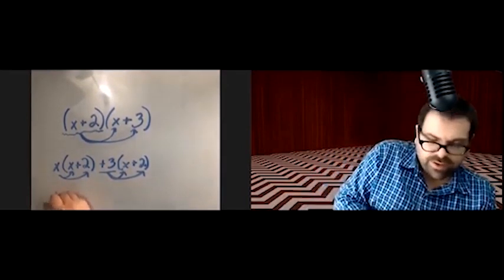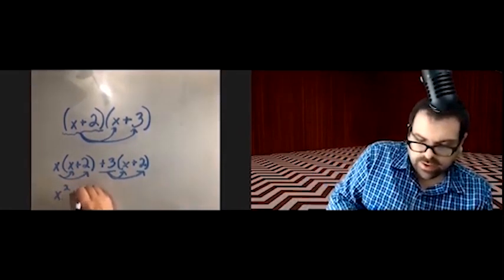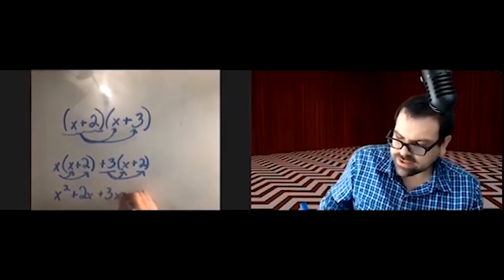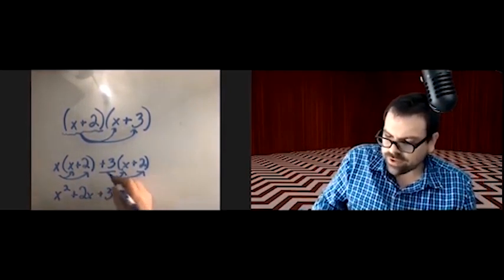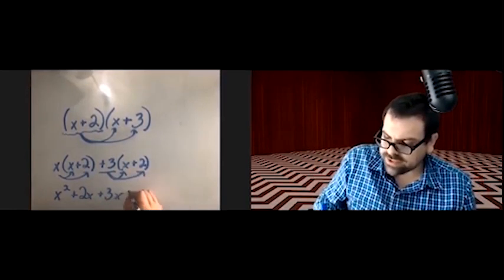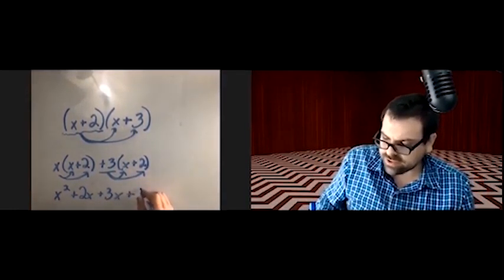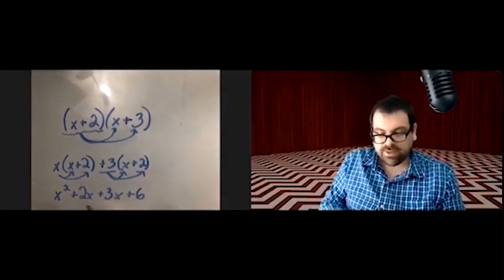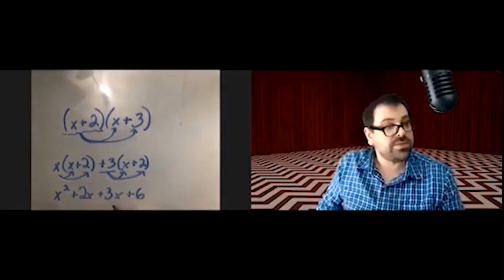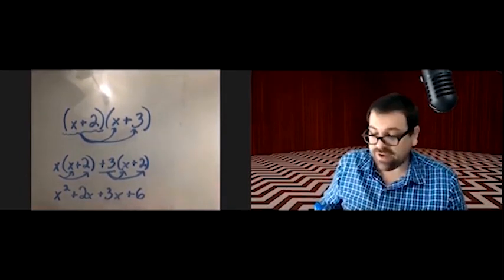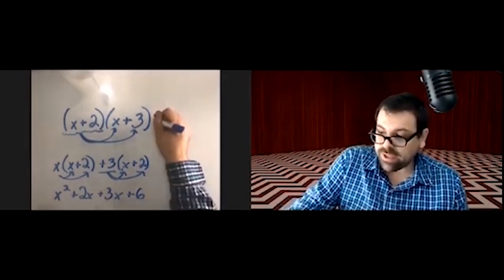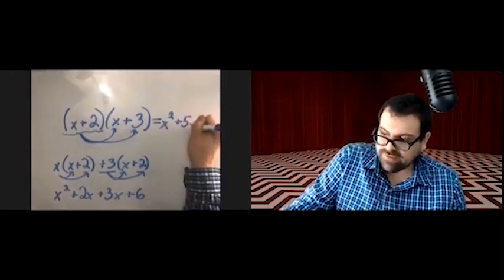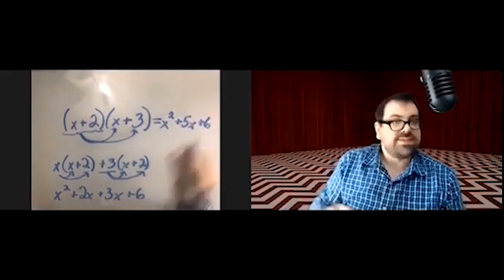And we would end up with x squared plus 2x, and then over here plus 3x, over here plus 6, positive 3 times positive 2. And then we could combine these center terms, 2x plus 3x is 5x. And we would get that this is x squared plus 5x plus 6.